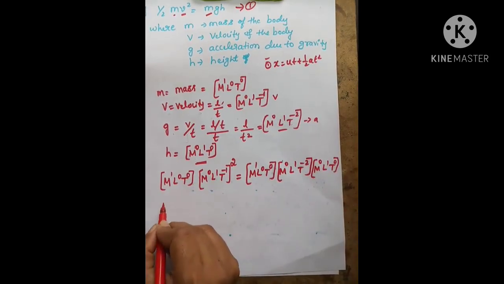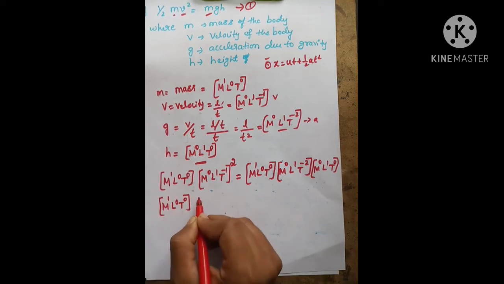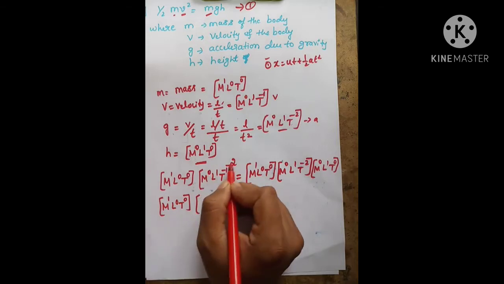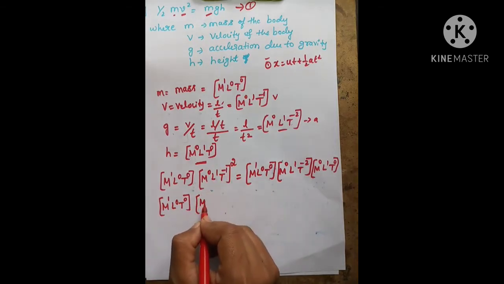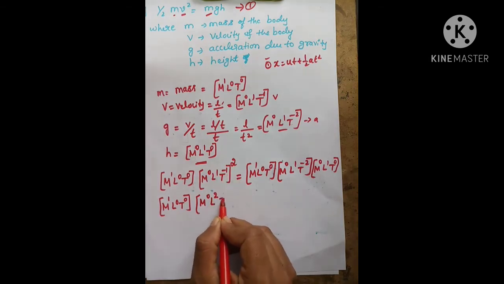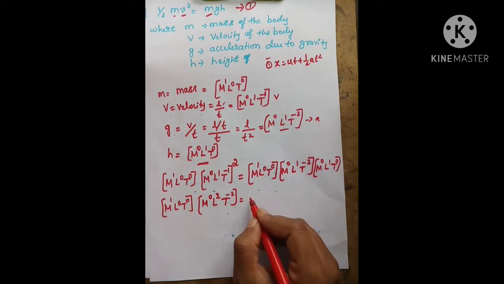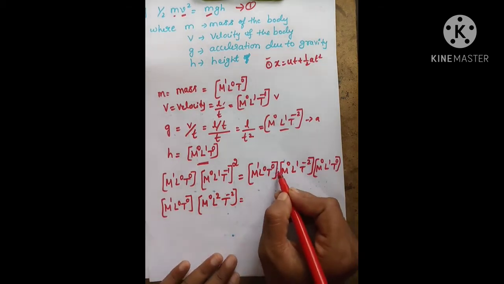In the LHS, see M1, L0, T0. Here, multiply this power: 0 into 2, 0. Then L to the power of 1 into 2, 2. Minus 1 into 2, minus 2. Here in the RHS, this is the product now.